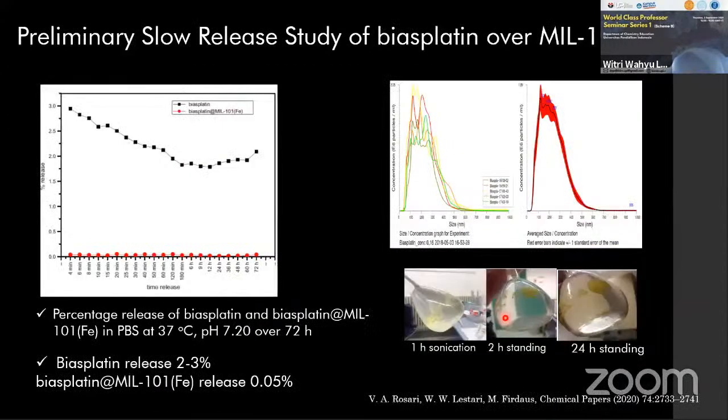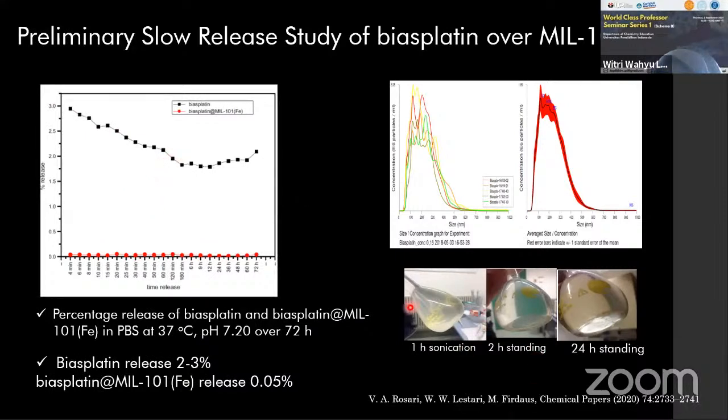Here we can see a very slow release of the cisplatin derivative, and this is very important because the drug itself is very toxic. That's why we have to suppress it and release the drug very slowly, instead of without matrix, which is quite fast.